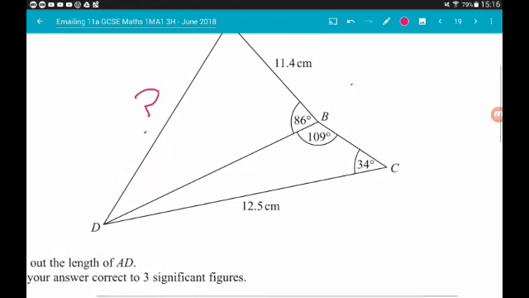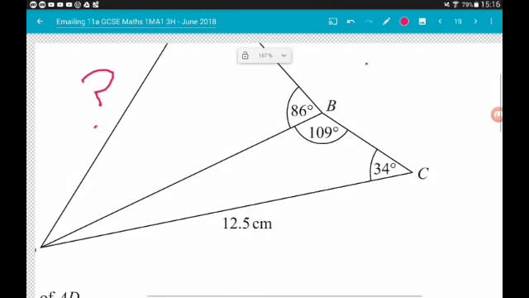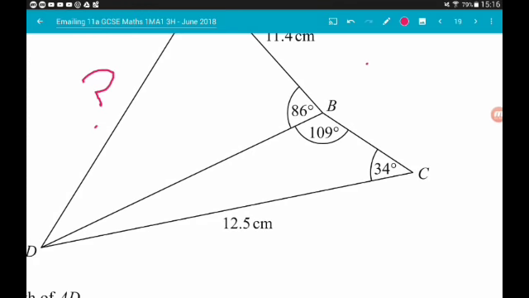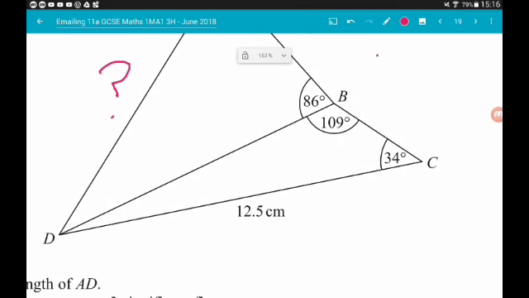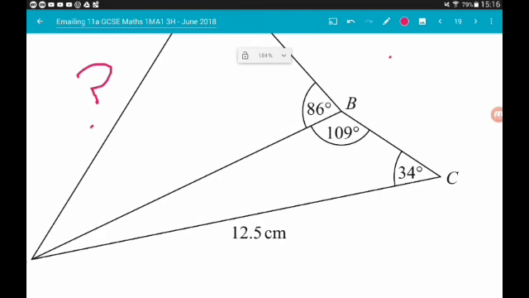So if we then look in the bottom triangle, well, things down here are a bit more useful. We know 2 angles and 1 side. Now we know a matching pair of side and opposite angle.